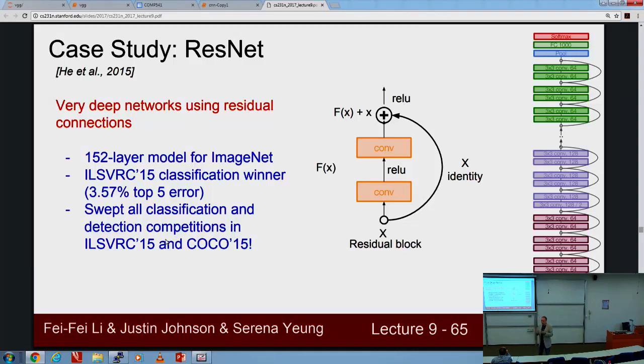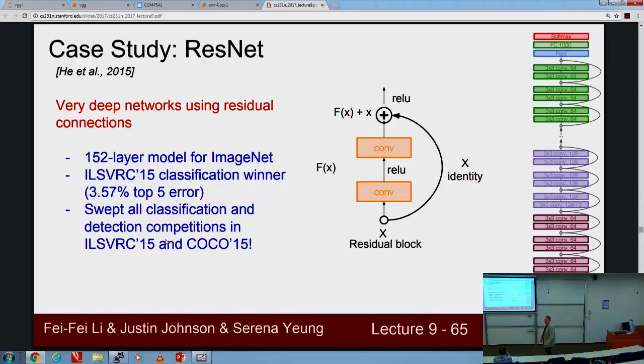You don't need to learn to preserve the information in the image. I already did that for you. Just tell me how much delta from the image you want to perform. That's why it's called ResNet and residual block: if we call the final output h of x, instead of learning h of x directly, we're only learning h of x minus x, which is the residual.